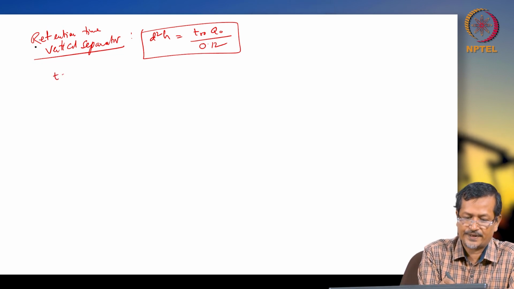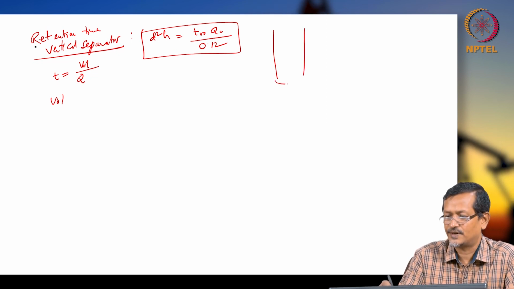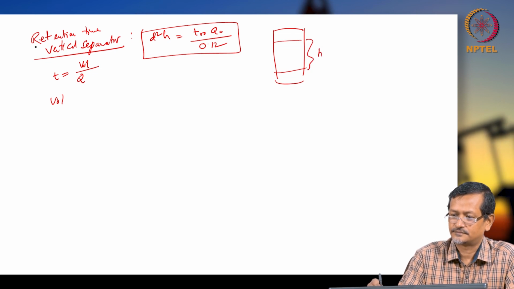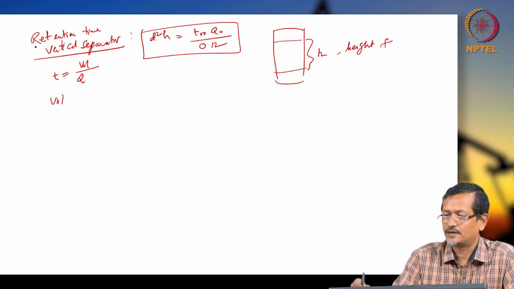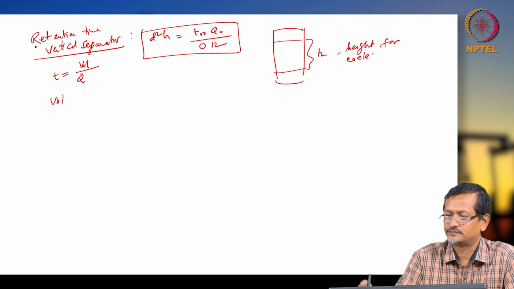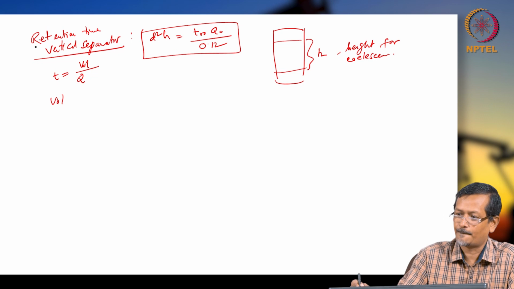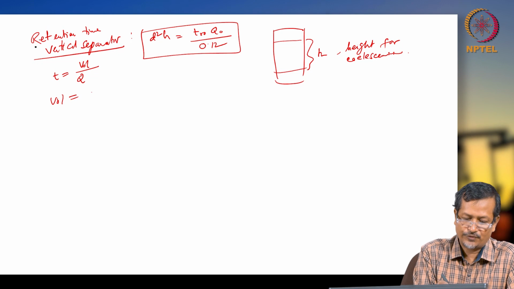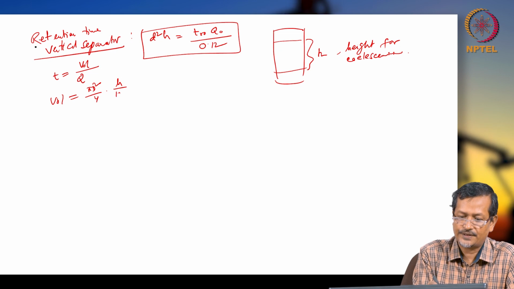For the derivation, you have to remember again, T equals volume divided by flow rate. So volume equals, I have to draw one vertical separator. This is the height, actually the oil pad height, where coalescence is happening. Now volume equals pi d square by 4 into h by 12.